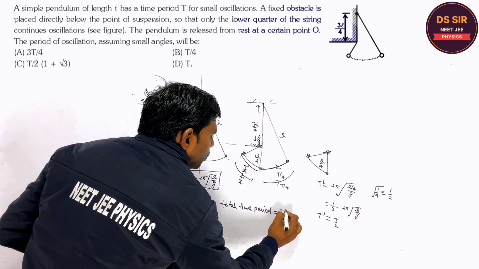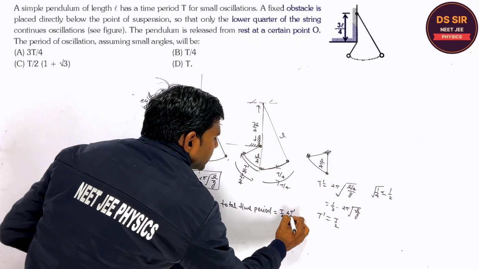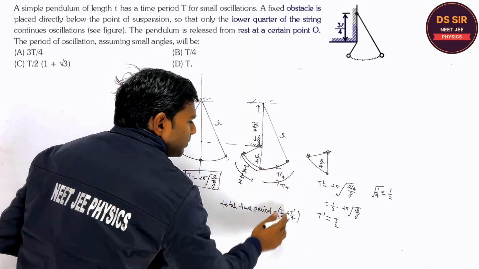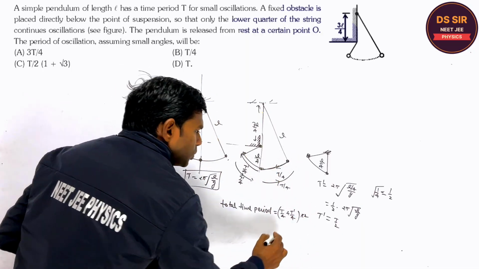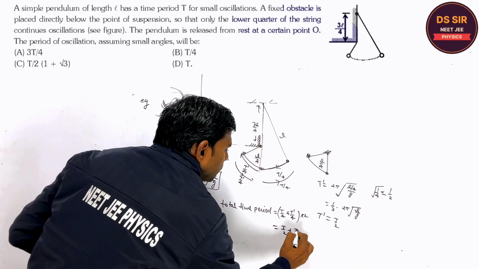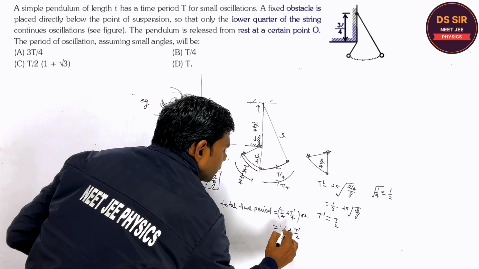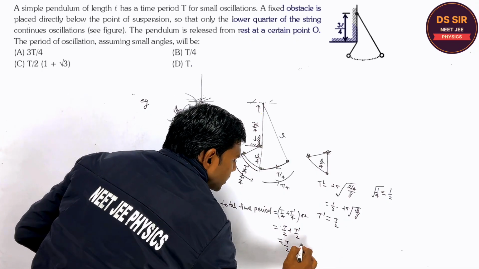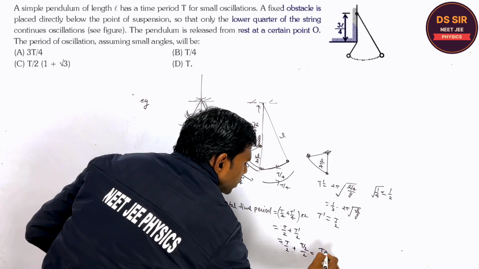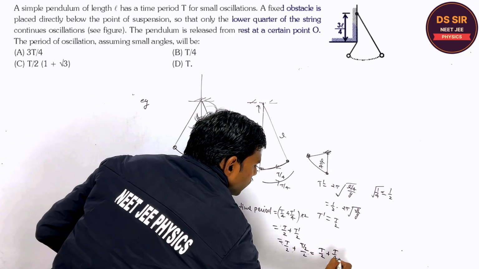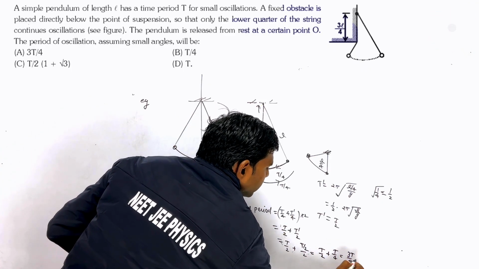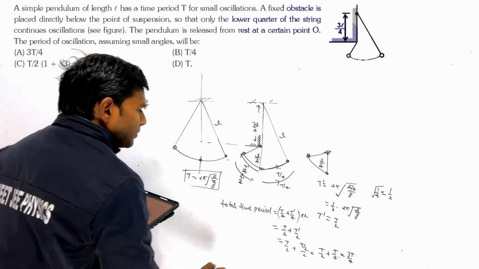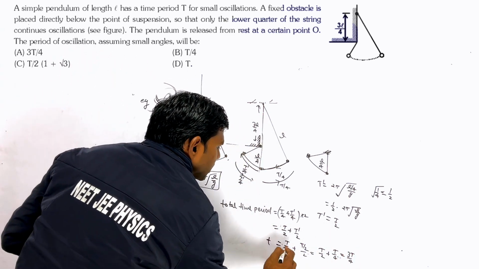So it is equal to T by 4 plus T dash by 4 plus T dash by 4 plus T by 4, multiplied by 2. So the answer will be T by 2 plus T dash by 2. Fine. And what is the T dash? T dash is T by 2 upon 2. T by 2 plus T by 4 is equal to 3T by 4, which is the correct answer. Right. So option A is the correct answer.